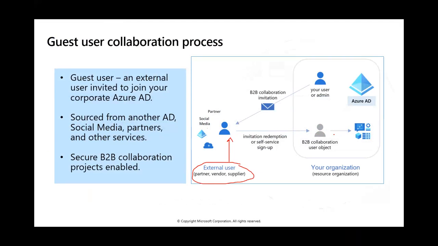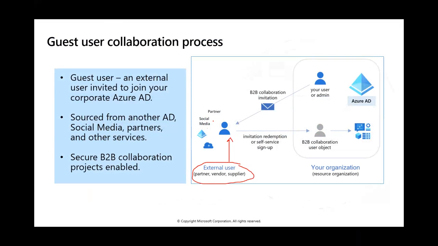But why do we call it B2B? And in the exam, how do we know the difference between B2B and B2C? Well, when we talk about B2B collaboration, we're talking about internal collaboration, like the external user wants to come to your internal collaboration and collaborate with you.